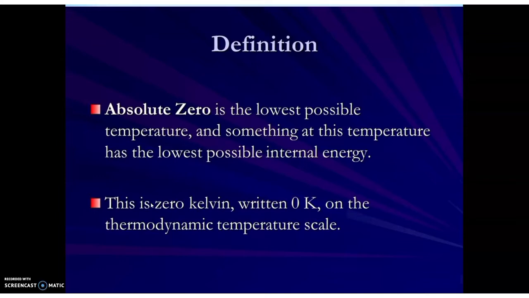This is also known as 0 Kelvin. We know 273 Kelvin is 0 degrees centigrade, and minus 273.15 degrees centigrade is 0 Kelvin. So it is known as absolute zero. The volume of the gas will be zero in this case.